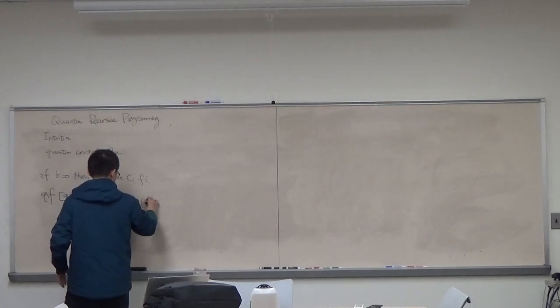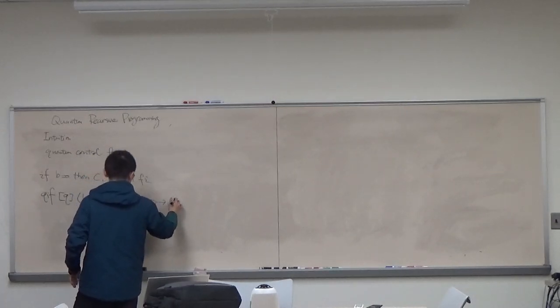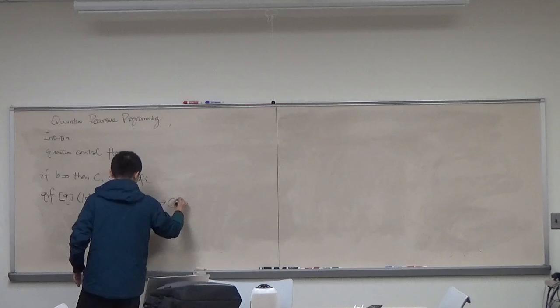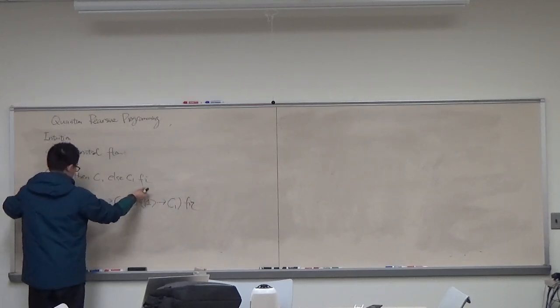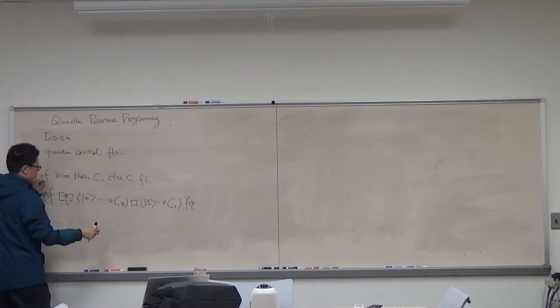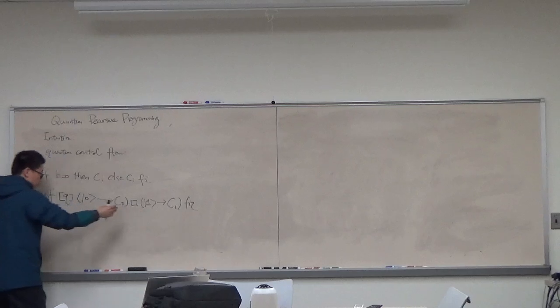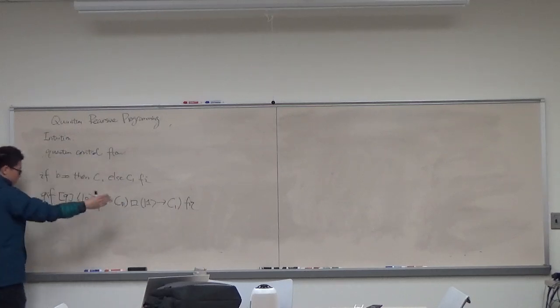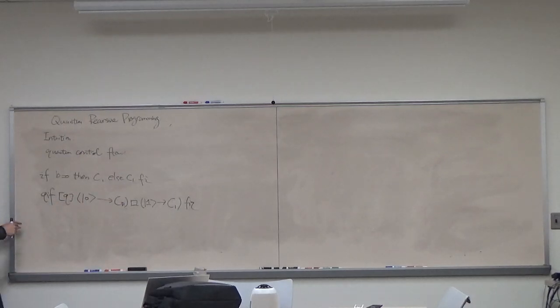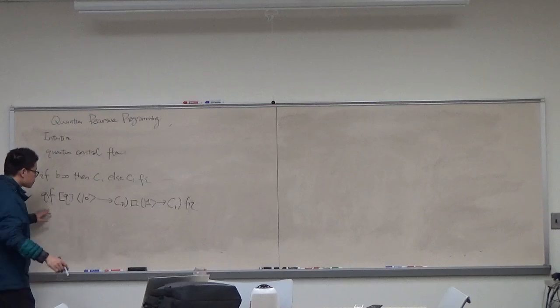When it is in state ket 1, we execute some program C1. So here we just reverse the if and put the statement inside. Okay, so what does this mean?